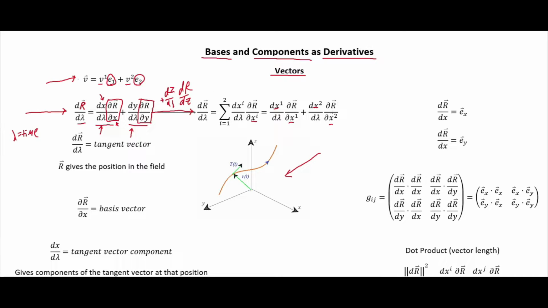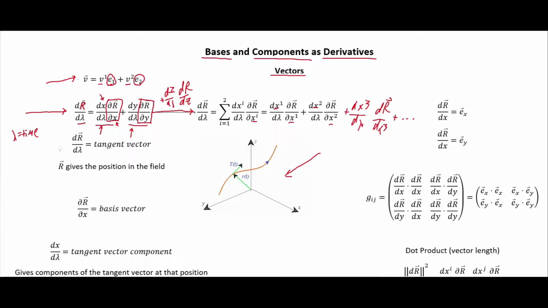And if we did it in this form, it would be dx3 d lambda, dr dx3, and you could go on and on for as many dimensions as you want. But just for the sake of keeping it simple, I'll be mostly talking in terms of 2 dimensions.